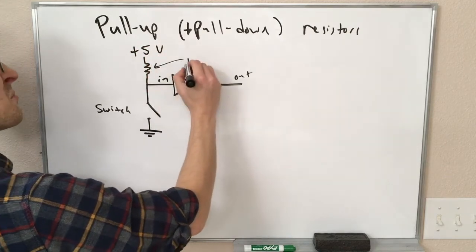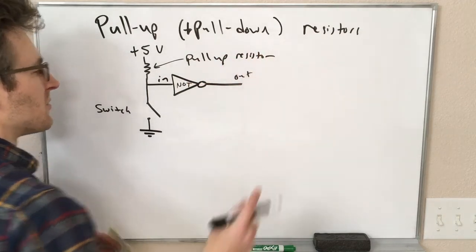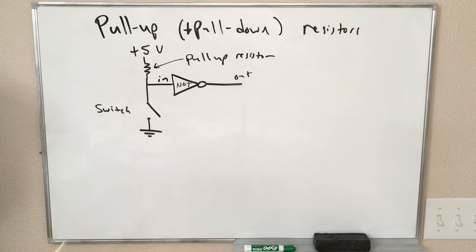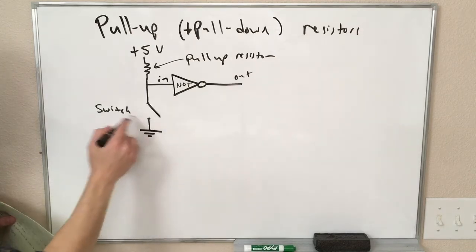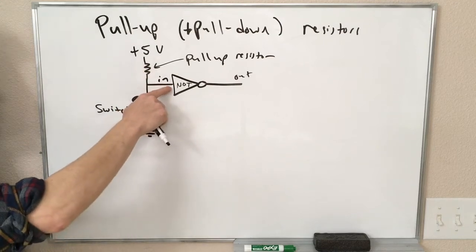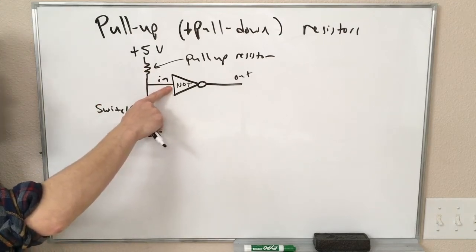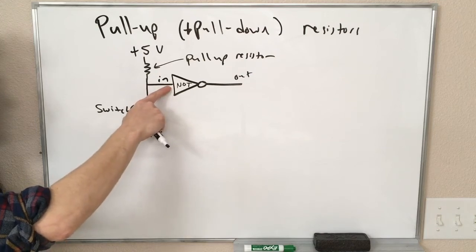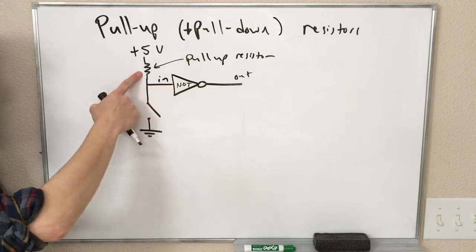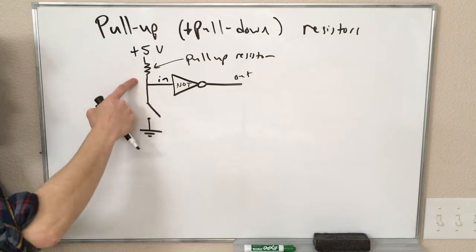So this here is my pull-up resistor. What this is doing is, when nothing else is connected, when this switch is open, this resistor is acting to pull this input up to 5 volts, right? Very little current is drawn by the NOT gate, so there's going to be very little current through this resistor, and so there's going to be a small voltage drop across it.